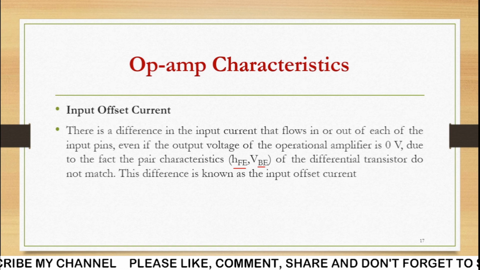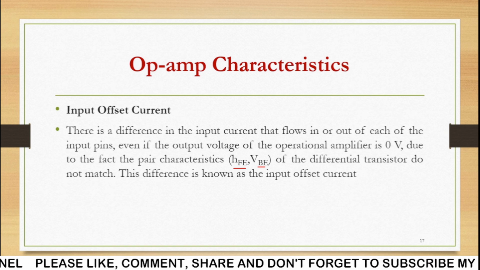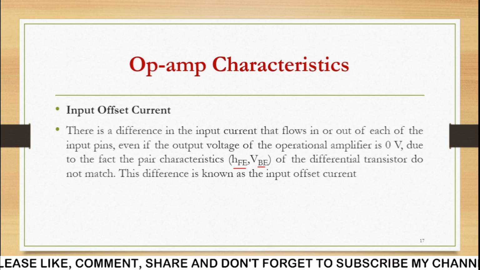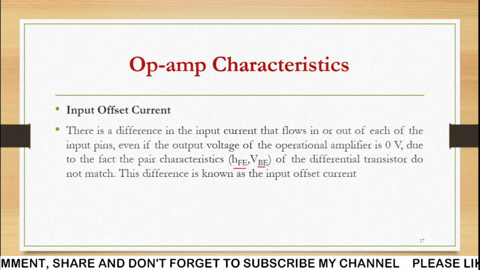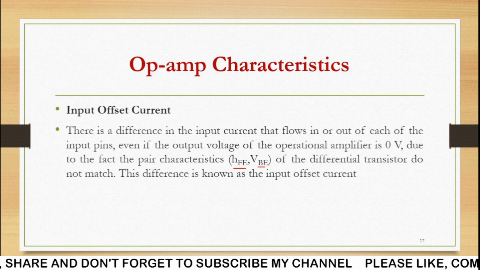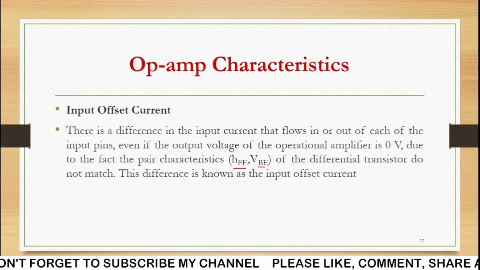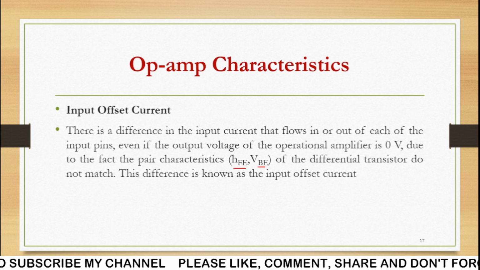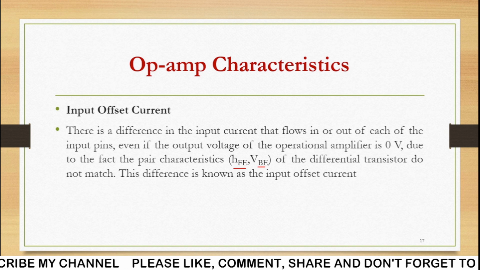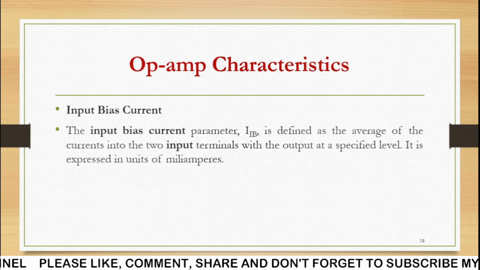Because the pair characteristics of the differential transistors, like hFE and VBE, are not matching each other, they create the input offset current. So if IB1 is the current flowing through the inverting terminal and IB2 is the current flowing through the non-inverting terminal, then IB1 minus IB2 or IB2 minus IB1, that difference is called input offset current.